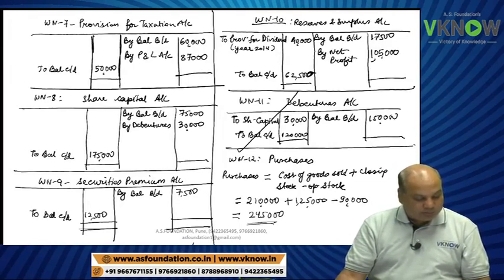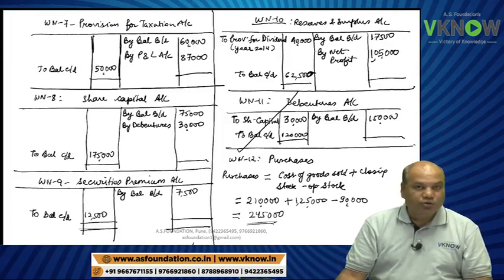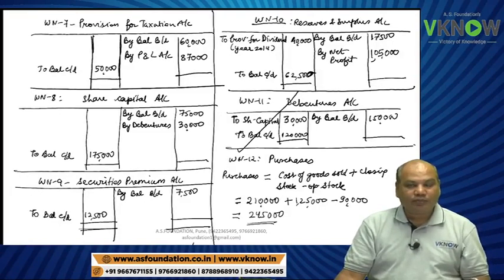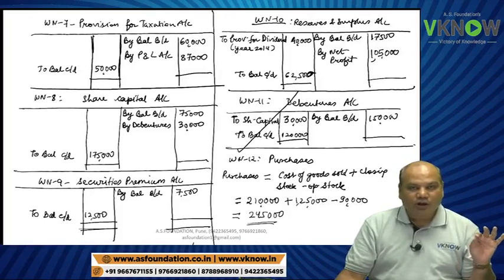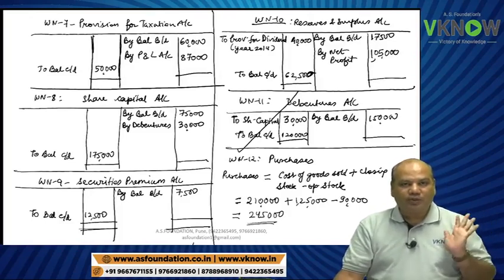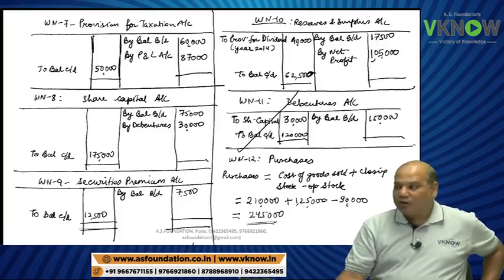Point number C, company paid a dividend of 40,000. That we have done. Bonus share issued 20,000 during the year. Entry for bonus share: reserve account debit to share capital.